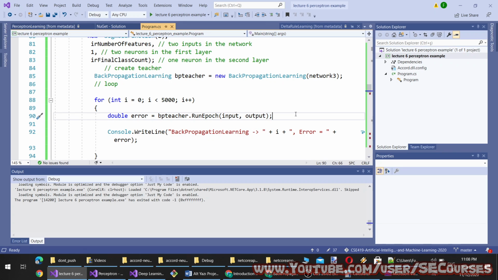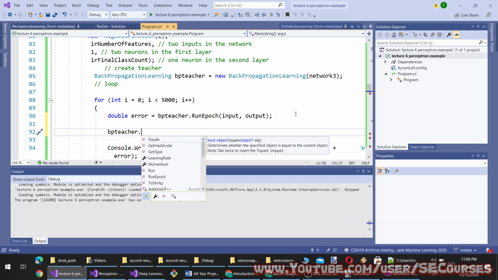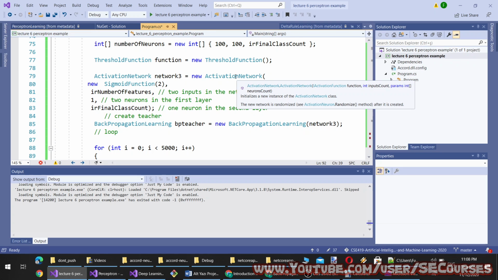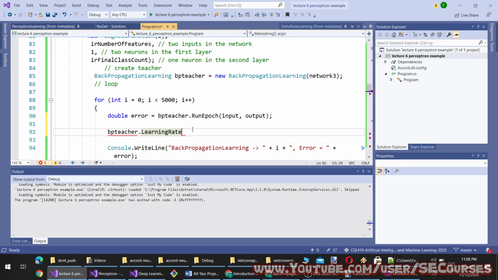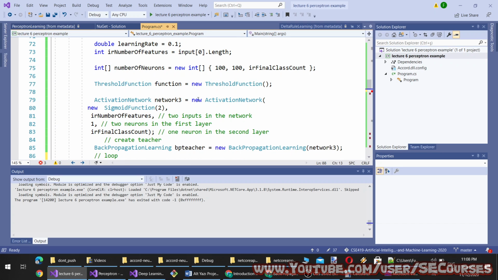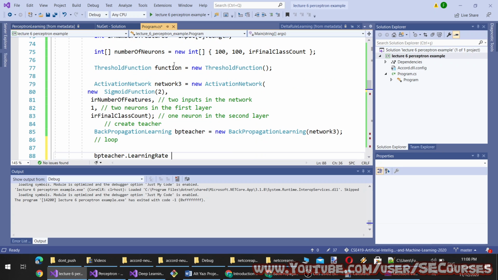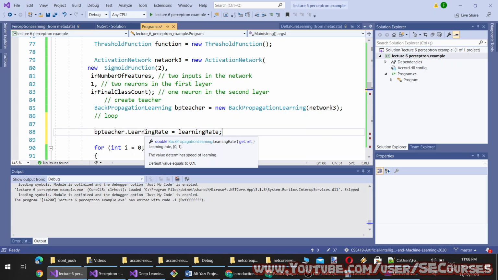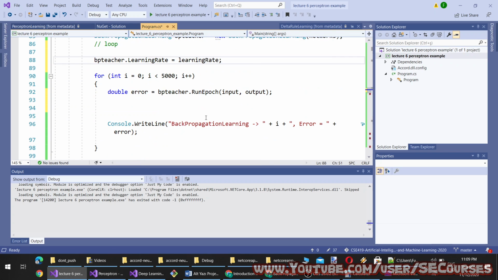And can we get a guess? There is momentum, learning rate. So the learning rate, let's change the learning rate to equal this one. What was the default learning rate? Oh, 0.1.